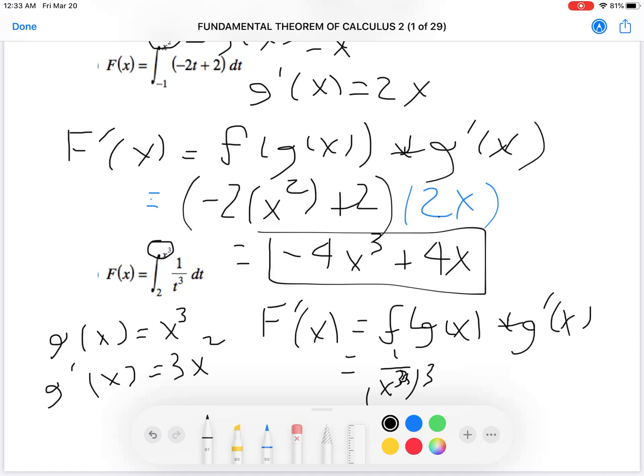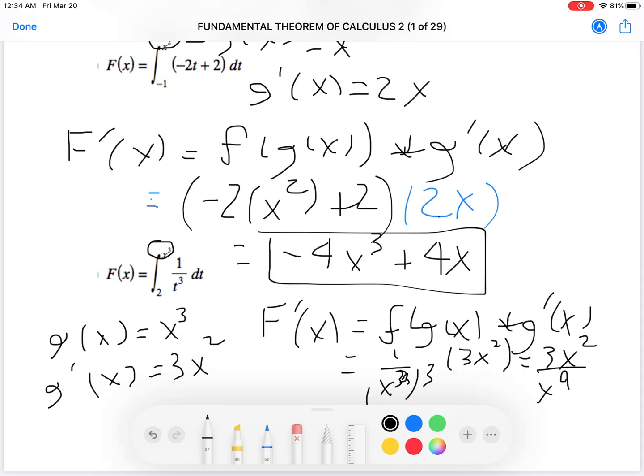So we put in an x cubed for t, and we have to cube that again. And then we just multiply by 3x squared. So that's equal to 3x squared over x to the 9th.